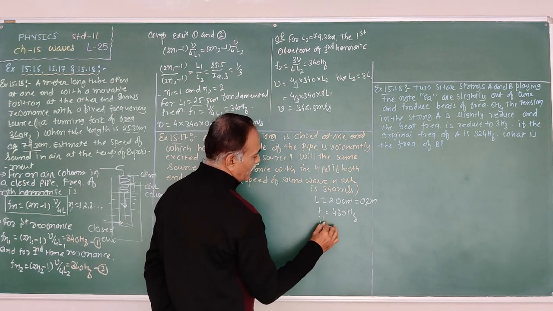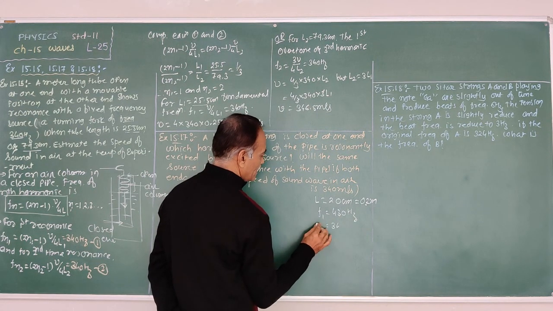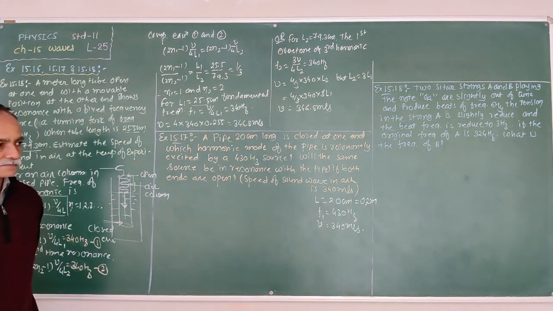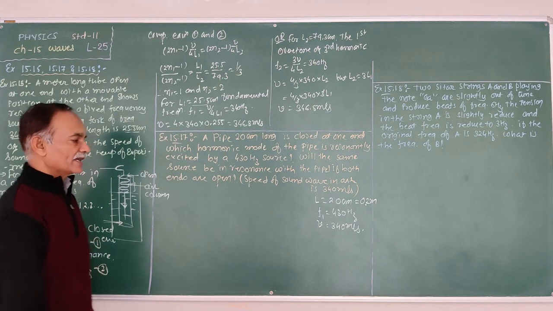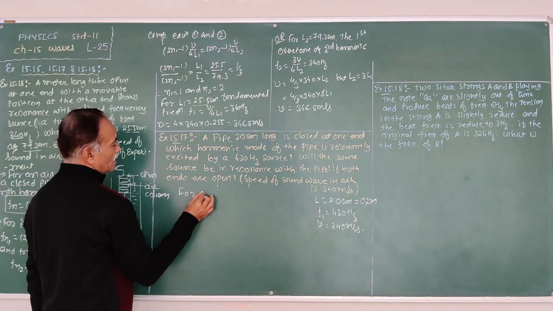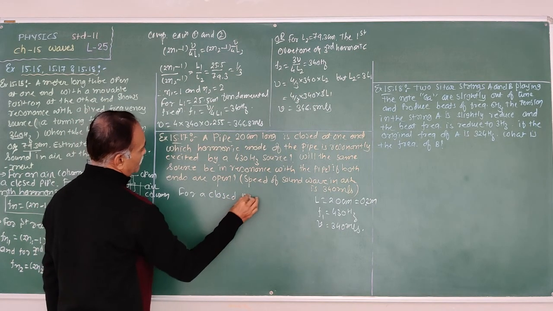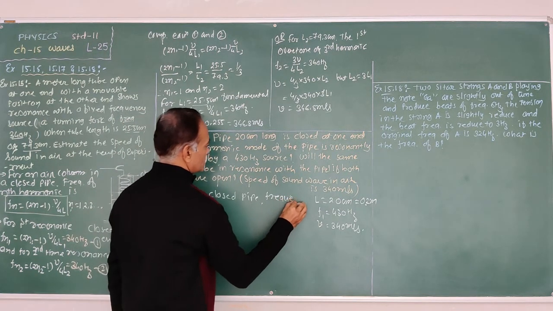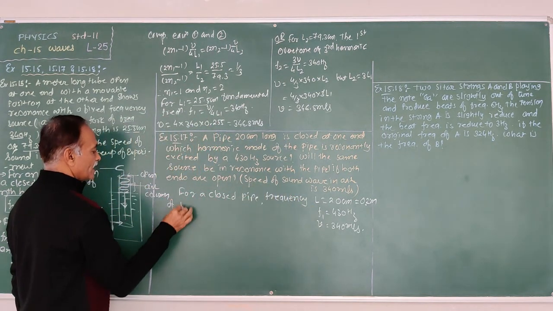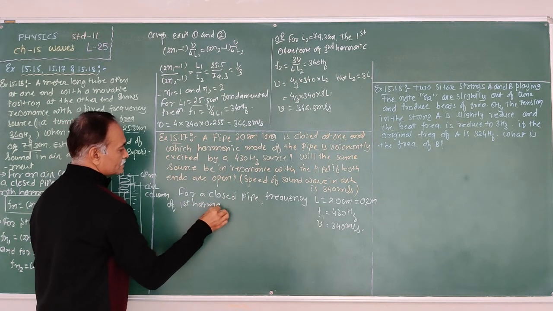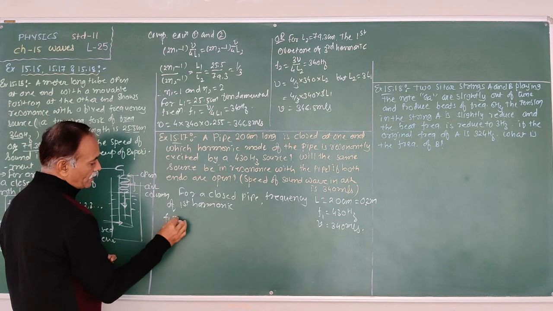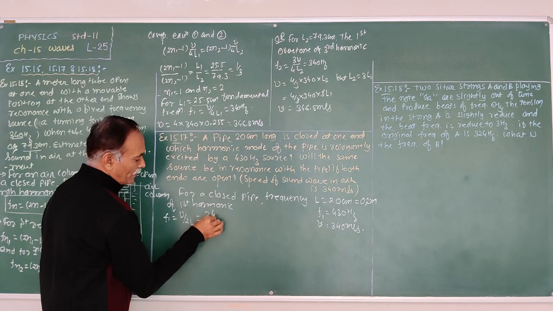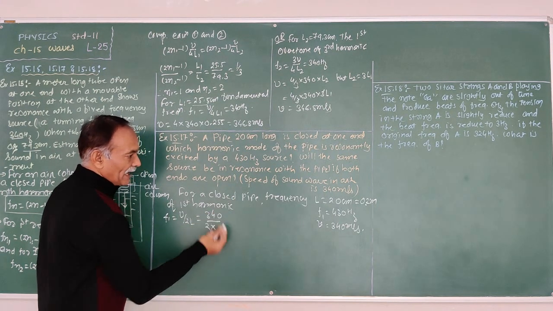Speed of sound V is 340 meter per second. For a closed pipe, the frequency of the first harmonic F1 is equal to V upon 4L. Now the speed of the sound wave is given 340 upon 4 into 0.2, the length of the pipe.